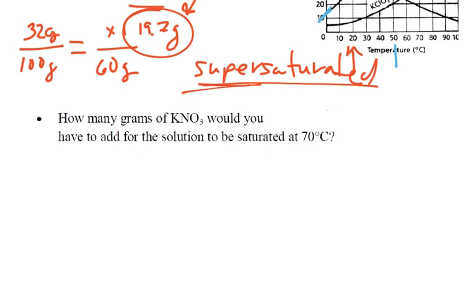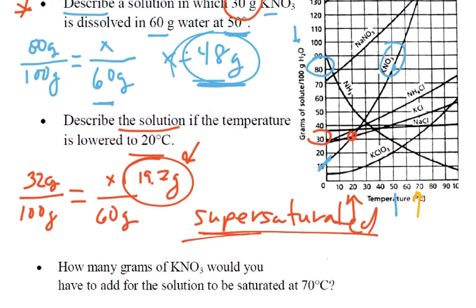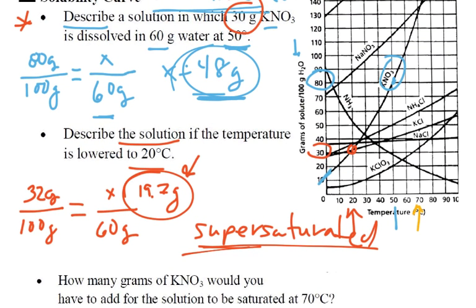Now the third question says, how many grams of KNO3 would you have to add for the solution to be saturated at 70 degrees? So again, we want to go look at our graph now at 70 degrees. Following our line, 70 degrees, way up here, it looks like we could hold 130 grams.